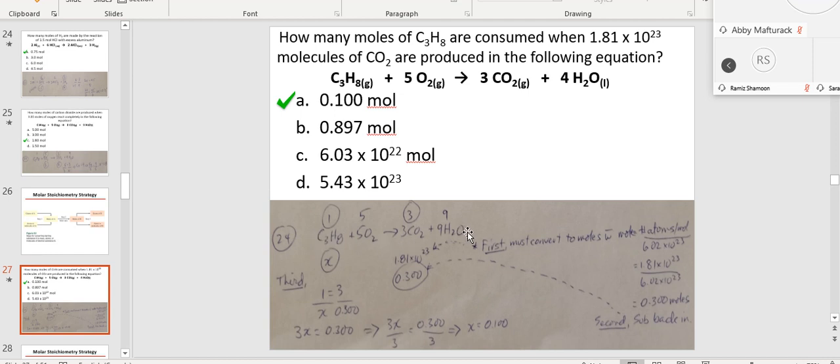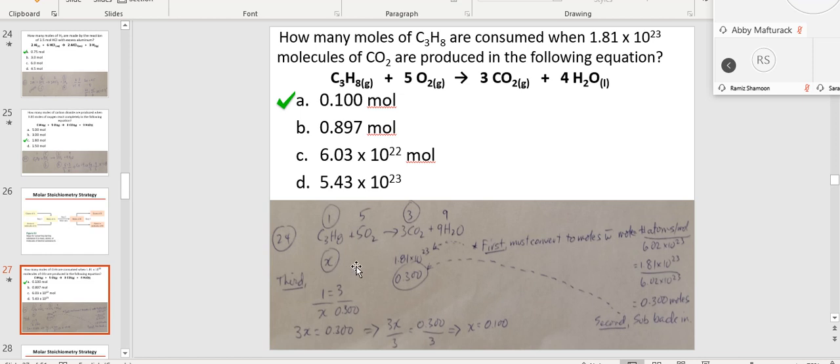Write out your molar ratio: 1, 5, 3, 4. Everything is balanced. There you go. What am I asking for? How many moles of propane? X. What did I give you? 1.81 times 10 to the 23 molecules. Okay. You see, it's the same setup every single time.